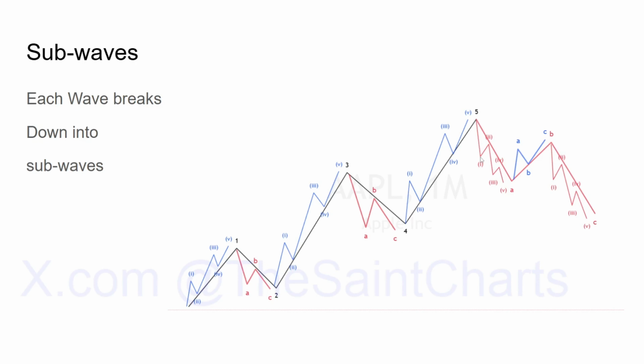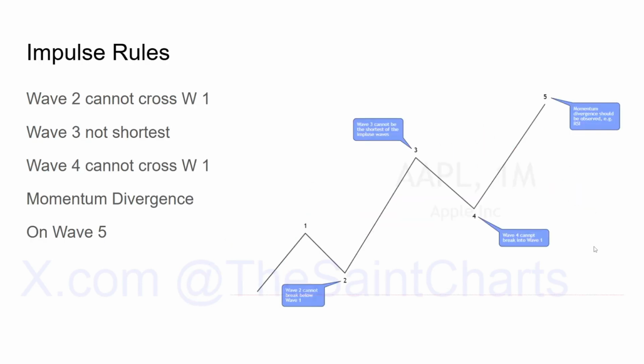Just keeping it really simple, we'd have a 1, 2, 3, 4, 5 because we're in a bear market now, so it's a 5-wave structure to the downside. We'd have a 3-wave structure to the upside, and then another wave B, 1, 2, 3, 4, 5 to the downside, and that would complete a wave 1. So that's basically the sub-waves within that impulse move.